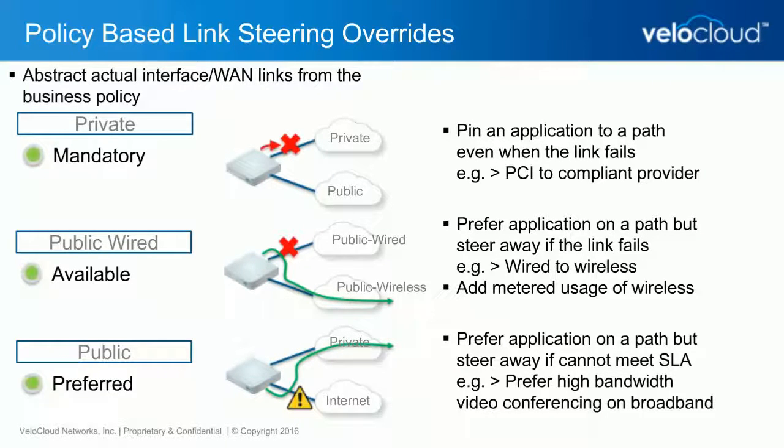But if the performance falls below an SLA, only at that point do I want to put it back onto my private circuit. Those are three good examples of when I would actually be interested in using policy-based steering.